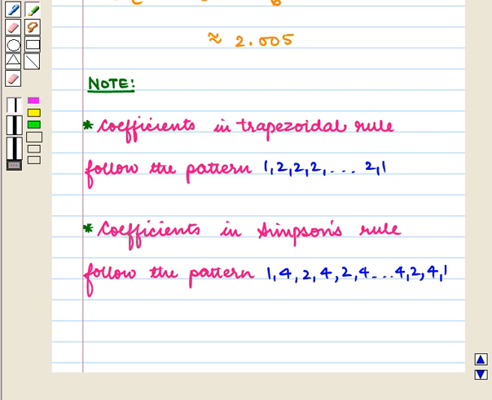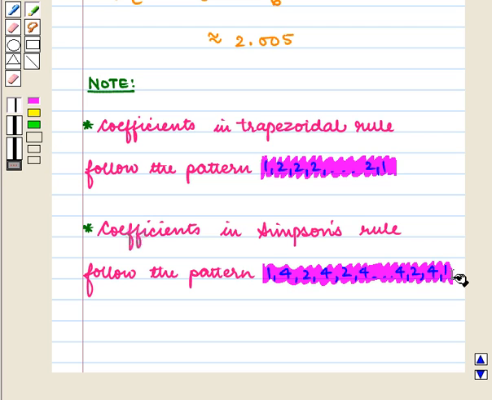We may notice here that coefficients in the trapezoidal rule follow the pattern 1, 2, 2, 2 and so on till 2, 1, and coefficients in Simpson's rule follow the pattern 1, 4, 2, 4, 2, 4 and so on till 4, 2, 4, 1.